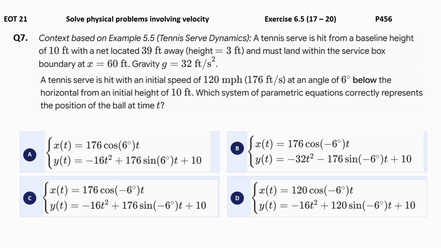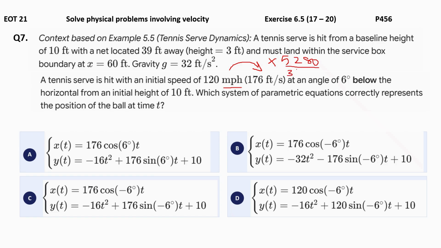In this particular scenario, to find the parametric equation x and y, first let us look at the unit. Sometimes they'll give only mile per hour. You should know how we get feet per second. Multiply the mile per hour value 120 by 5280 divided by 3600.